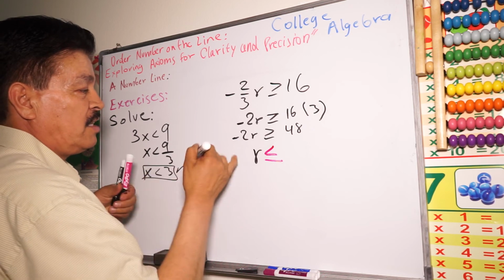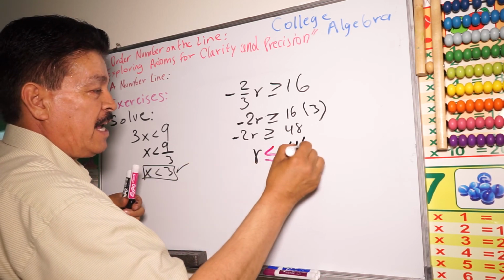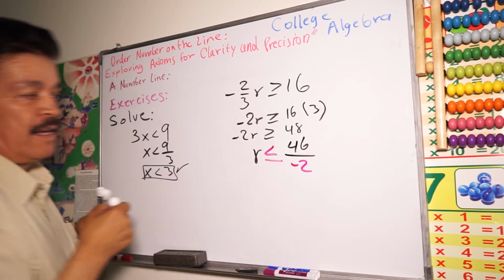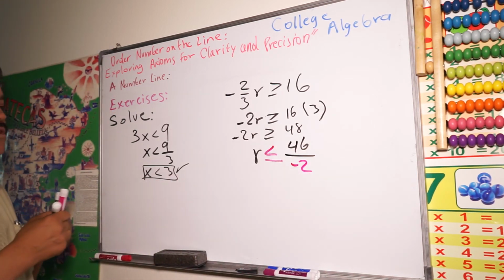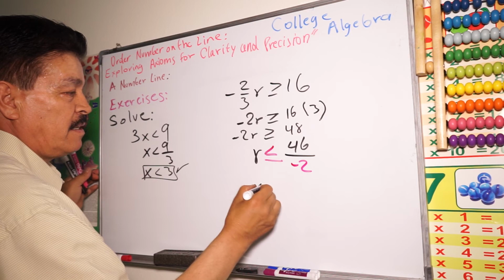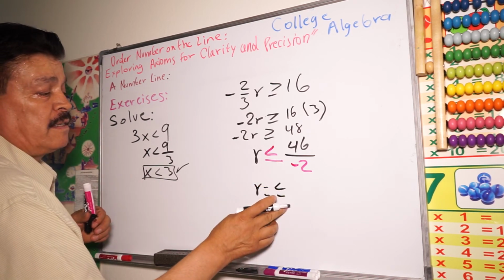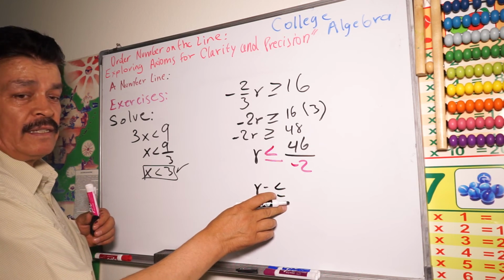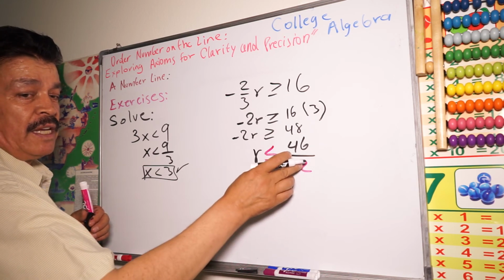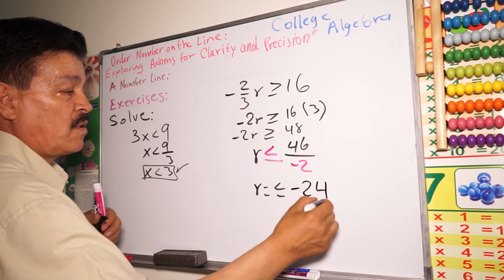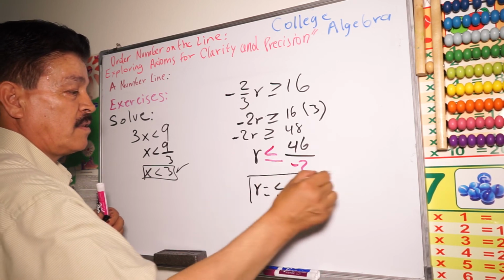Because you changed these two over here, 48, -2. That's the rule. So now the answer here is going to be what? r less or equal than, what is the answer? -24, right? This is the answer.